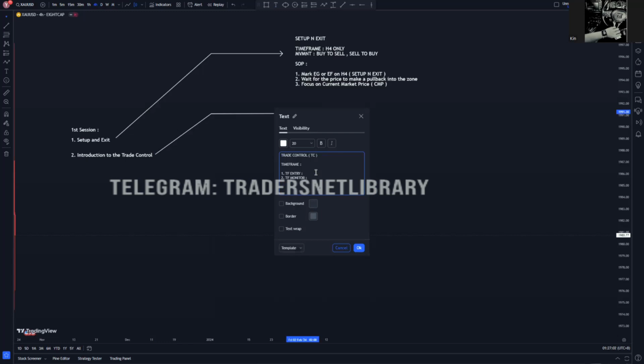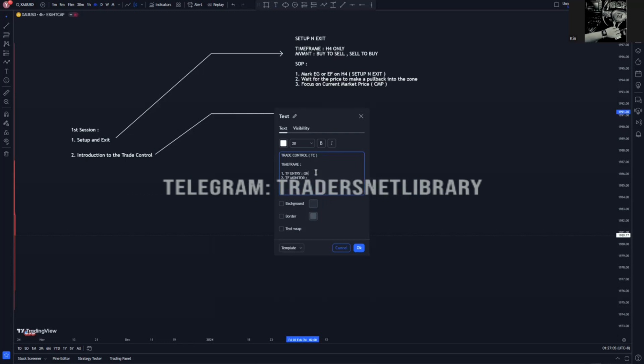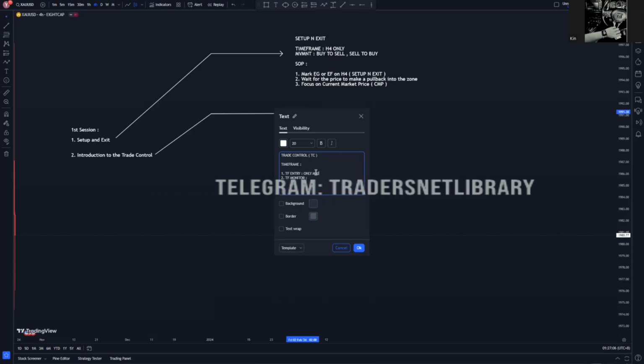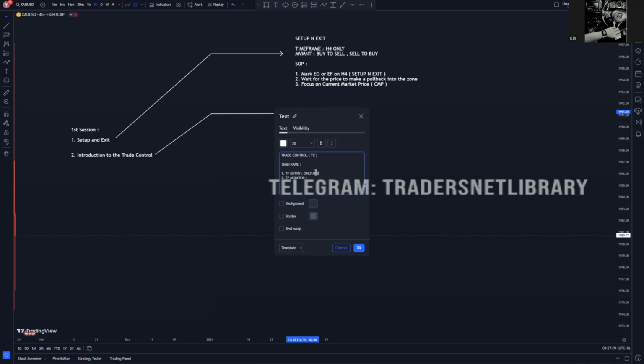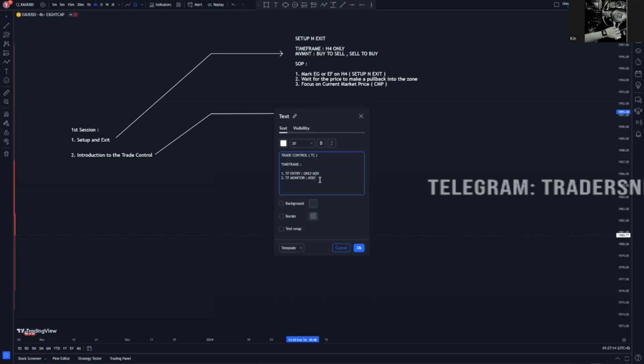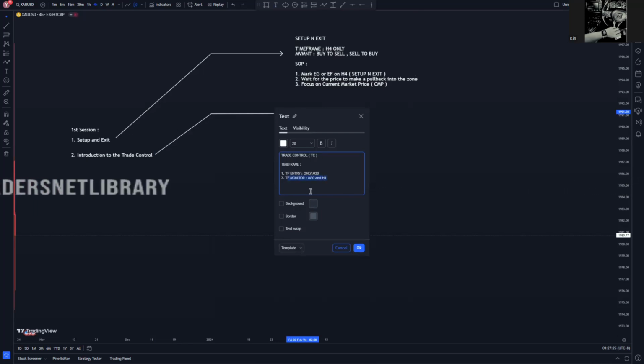The time frame for entry is only M30, just M30. And the time frame for us to monitor is going to be M30 and H1. In this first session and the second session, I am not going to discuss the time frame for monitor yet, because I am going to discuss it in our third session.